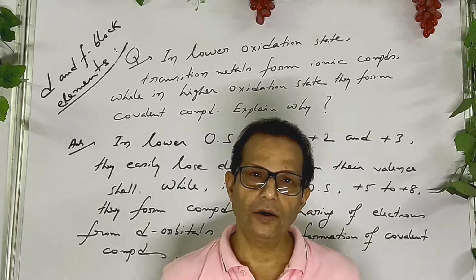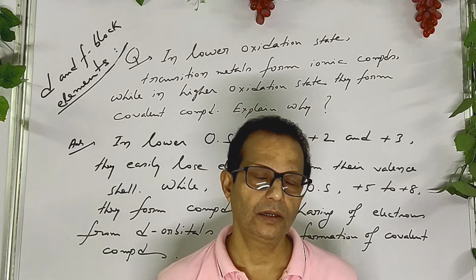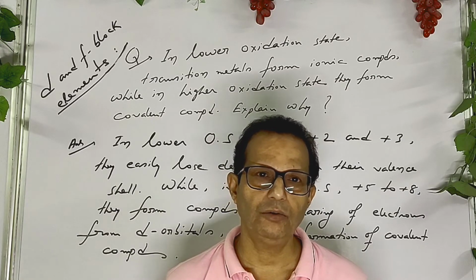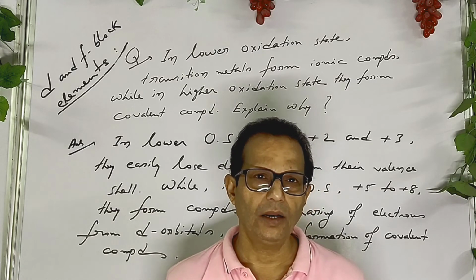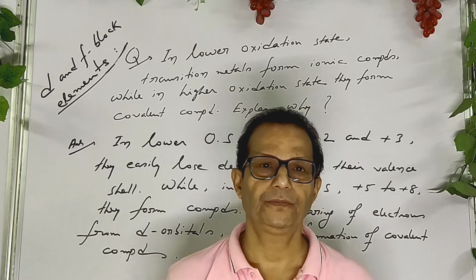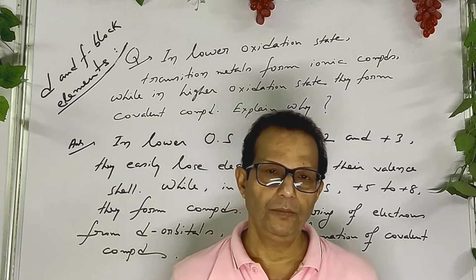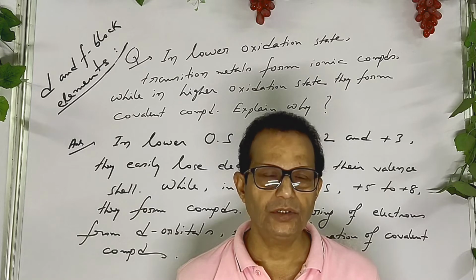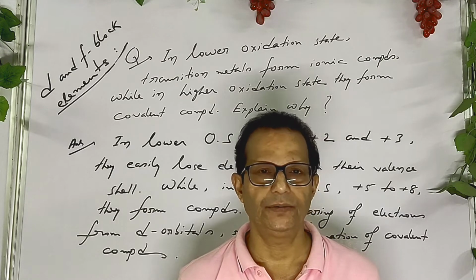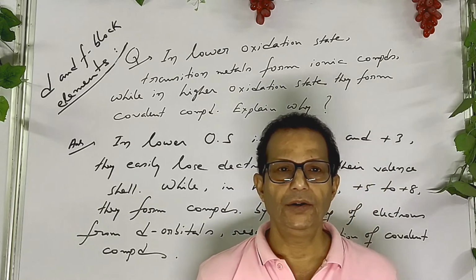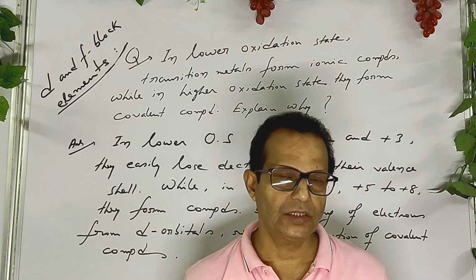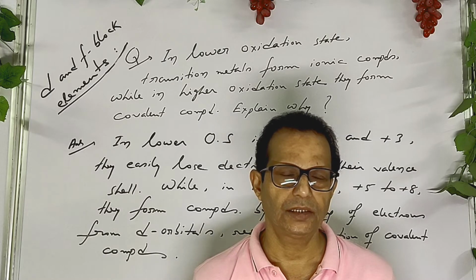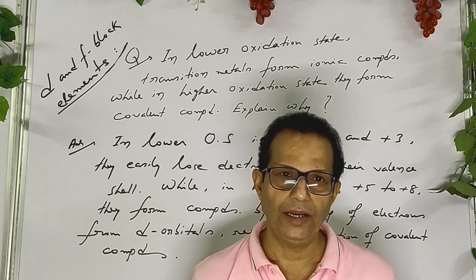Generally, compounds having the lower oxidation states, that is +2 and +3, are ionic in nature, while +4 oxidation state compounds are amphoteric in nature, and oxidation states from +5 to +8, that is treated as higher oxidation states, the compounds are covalent.